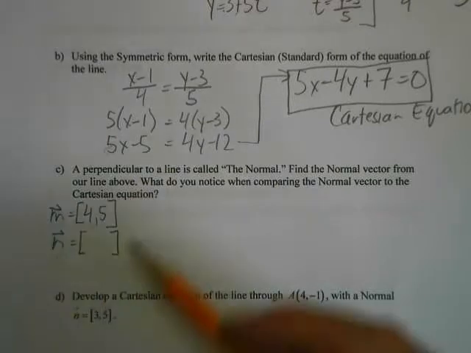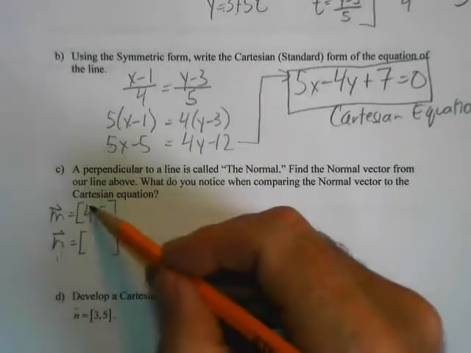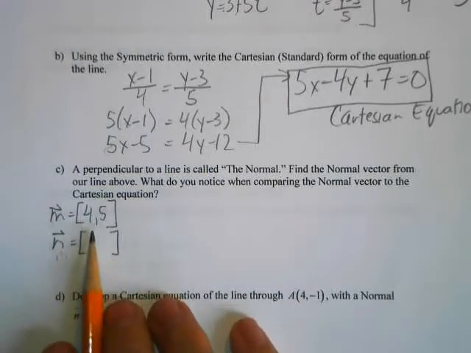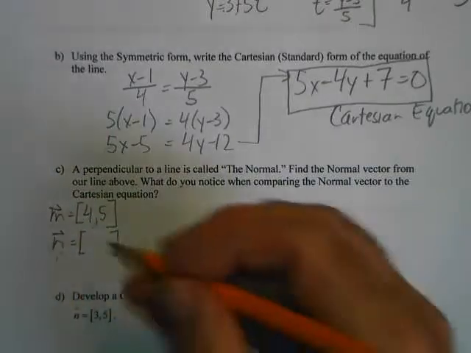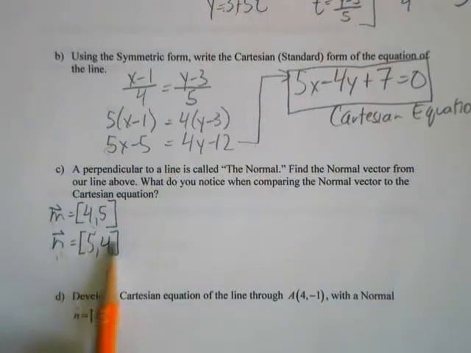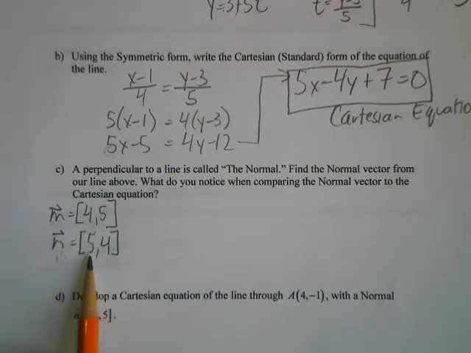So we did the same thing previously, and the way we did that was we just flipped the positions of the components of the direction vector. So I would write a 5, 4. That's the reciprocal part. I just flip the two components of the vector, but I didn't do the negative part yet.